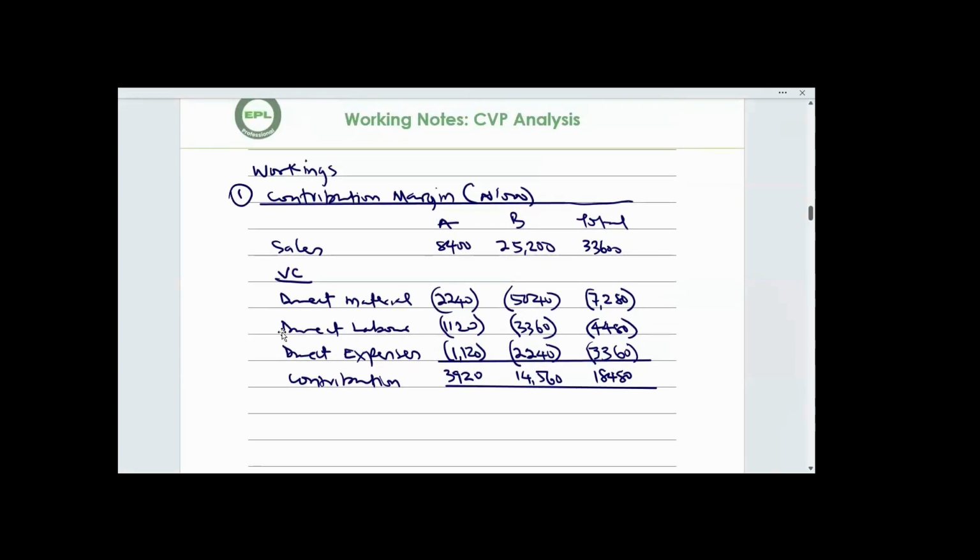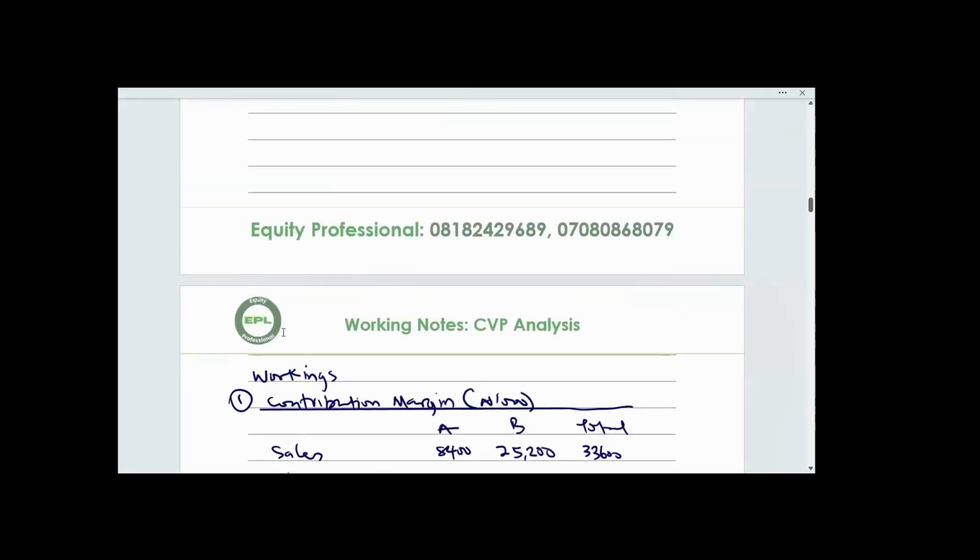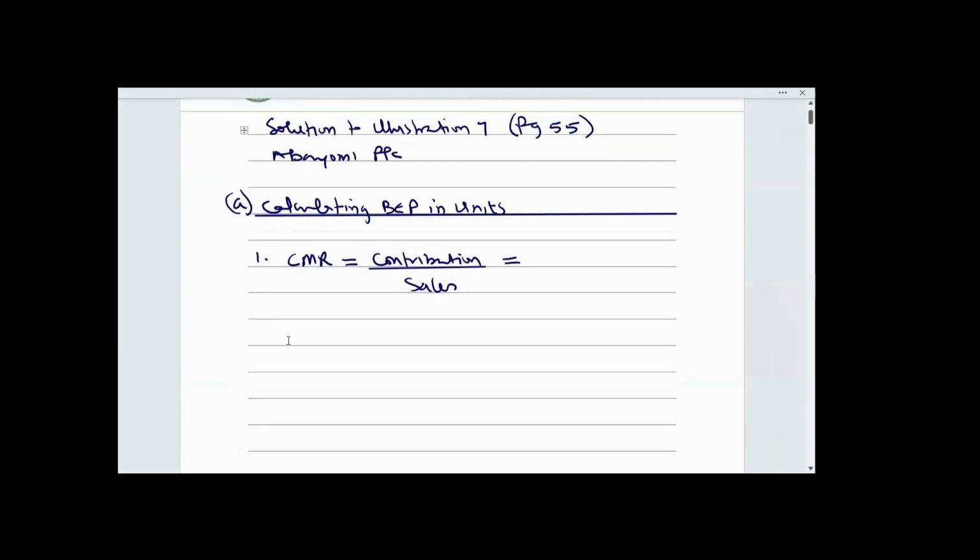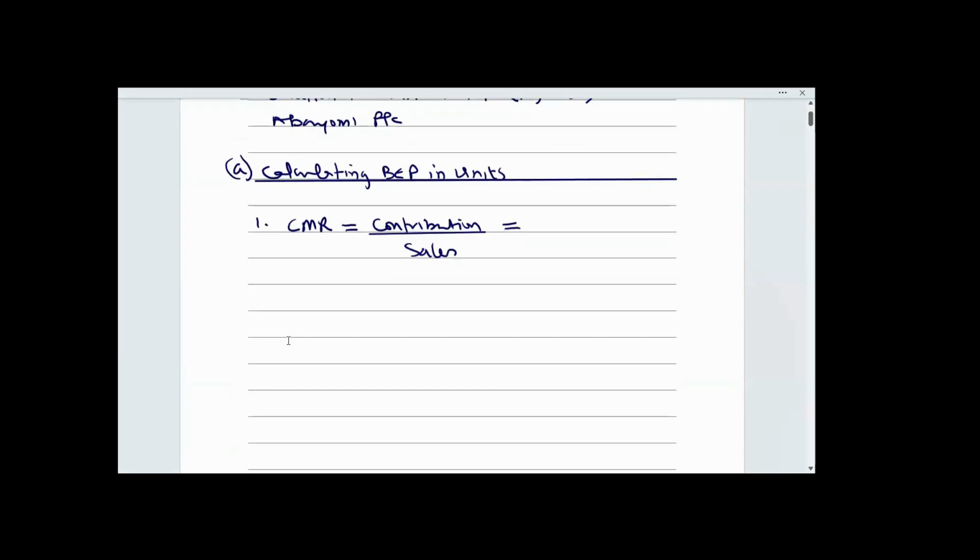So to now get the contribution margin ratio, I will then go back here. The overall contribution margin ratio. Total contribution for the company as a whole is 18,480 divided by total sales. Total sale is 33,600.